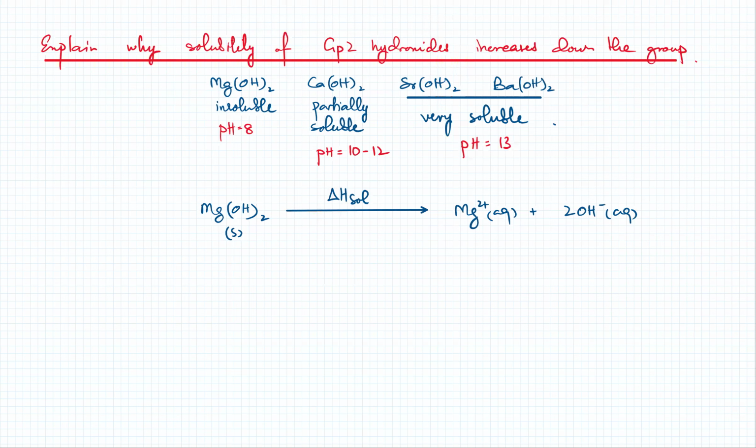So it's going to dissolve, and when it dissolves, it forms gaseous ions, 2 OH- gaseous ions. And then you hydrate those ions. So this is your enthalpy change of hydration. And that's breaking the lattice, the opposite of lattice energy.